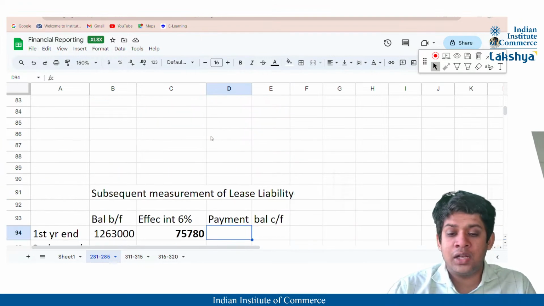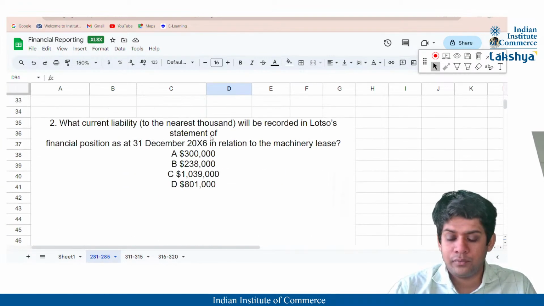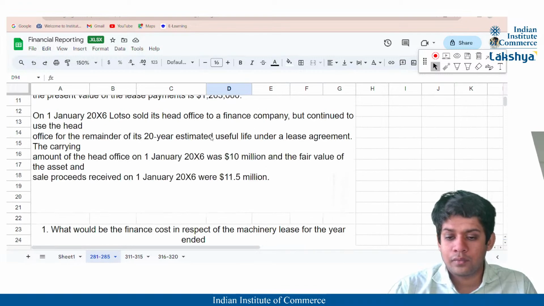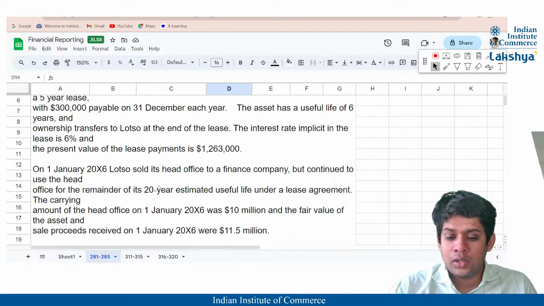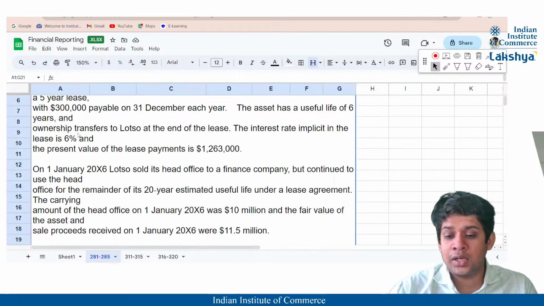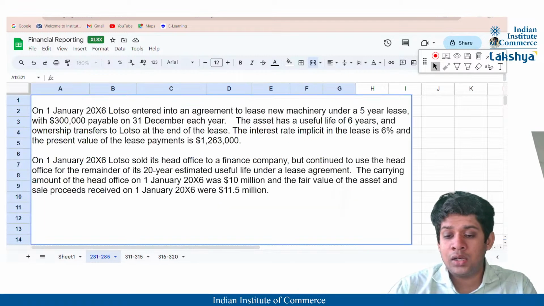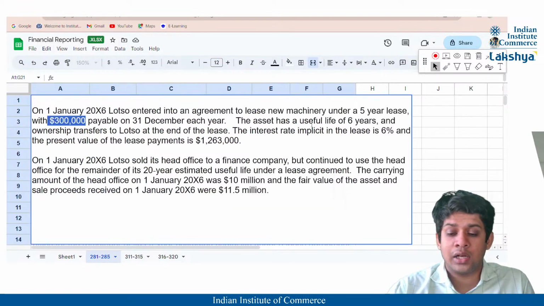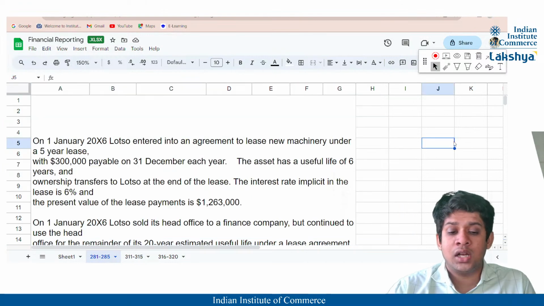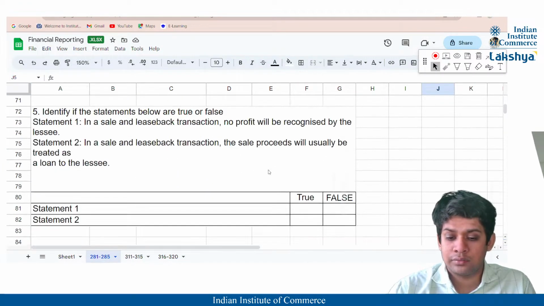Now the payment made every year is how much, guys? You can see here in the question it is stated that the payment made every year is $3 lakh annually in arrears.